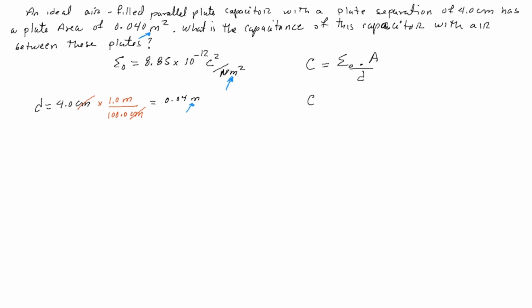So we know that the capacitance would be 8.85 times 10 to the negative 12 coulombs squared over newton meter squared times the area now, 0.04 meters squared, divided by the distance between plates, which is 0.04 meters.